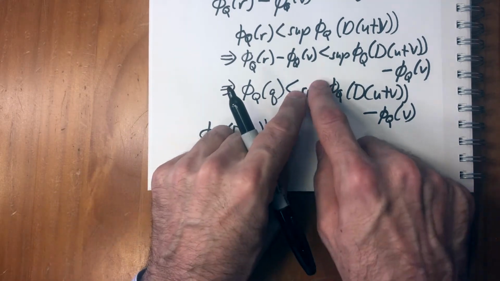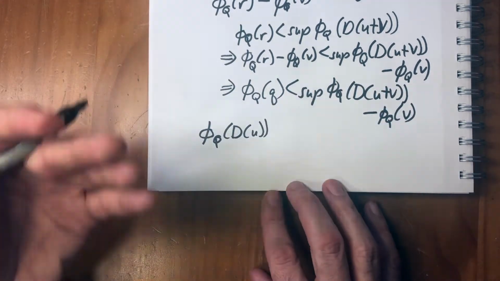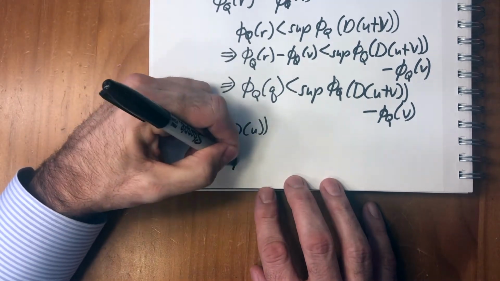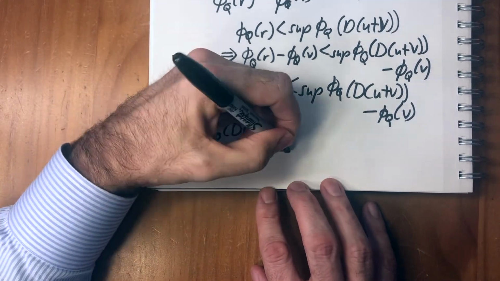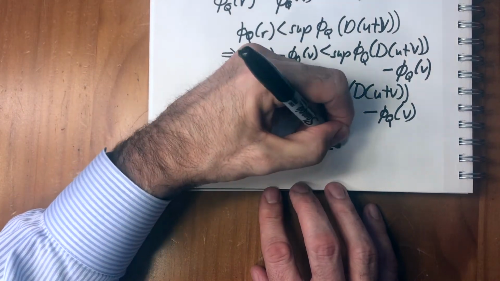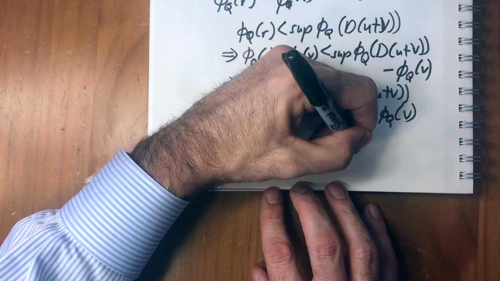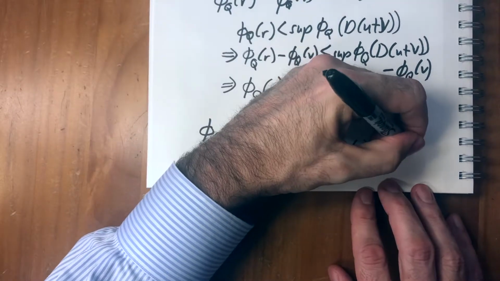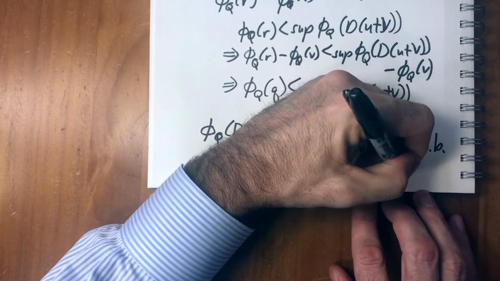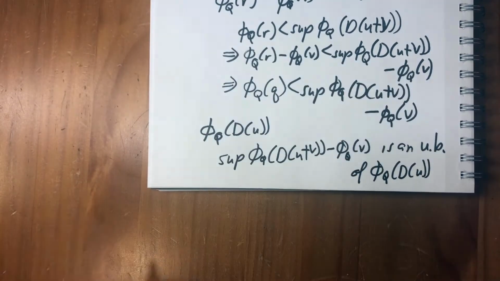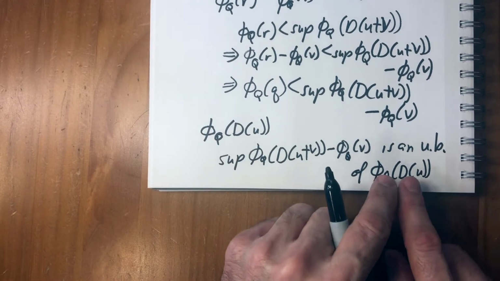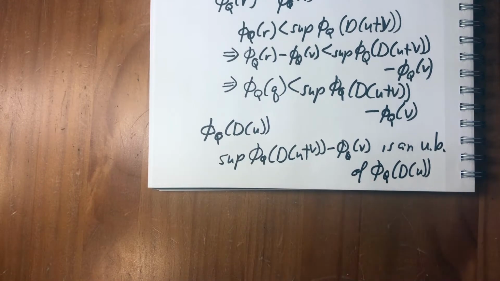That means that this is an upper bound of this, right? So sup phi q du plus v minus phi q v is an upper bound of phi q du, right? Because this is bigger than every element of this. But that only means that it's an upper bound. So we're not there yet.